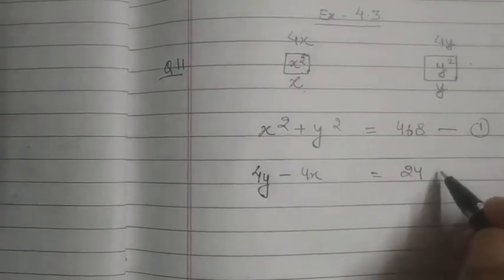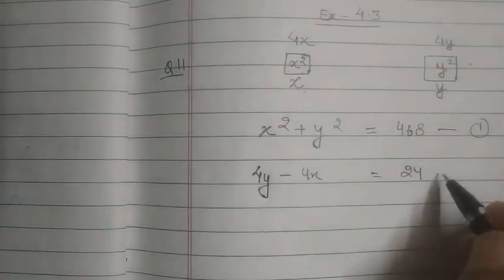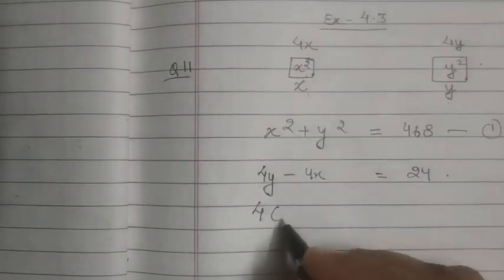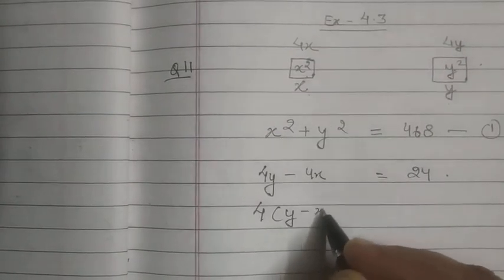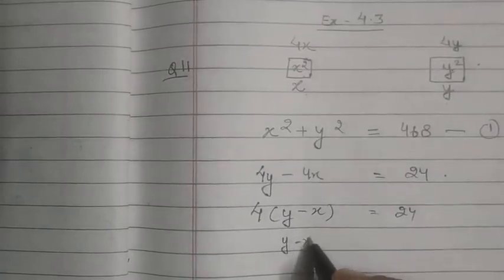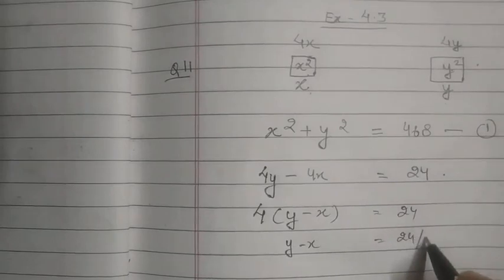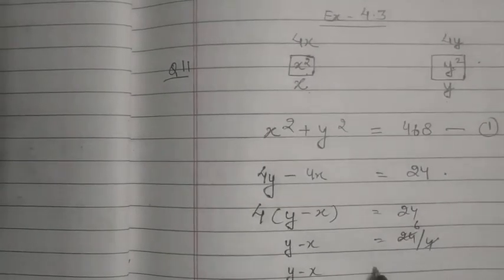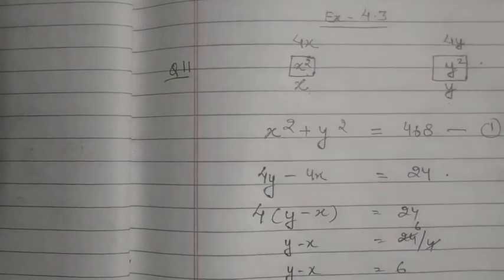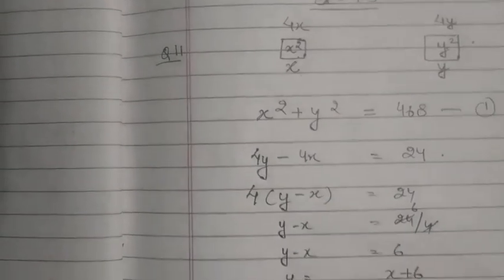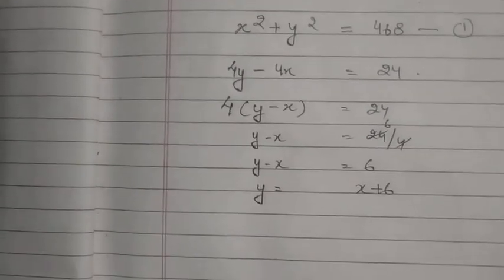This is my second equation. Taking 4 as common, y minus x is equal to 24 upon 4, that is 6. So y will be x plus 6.